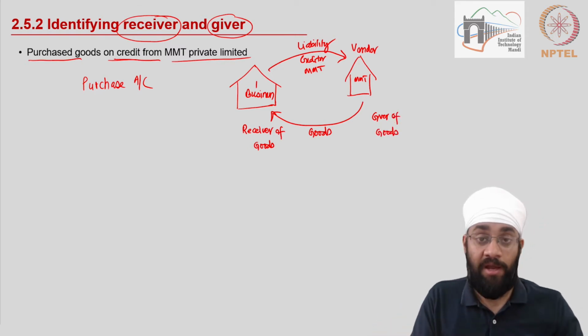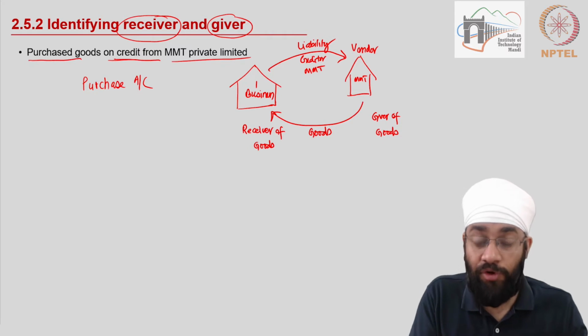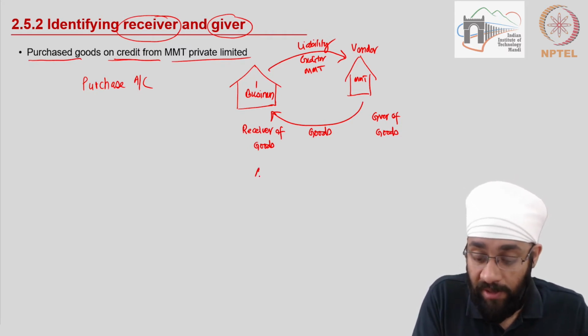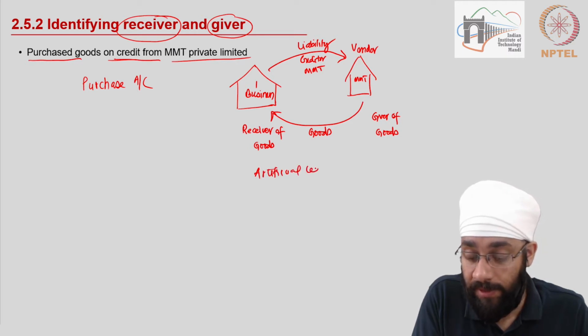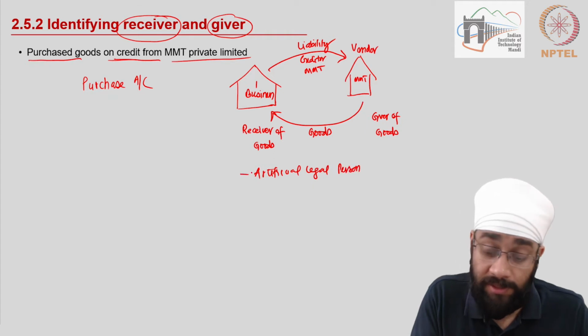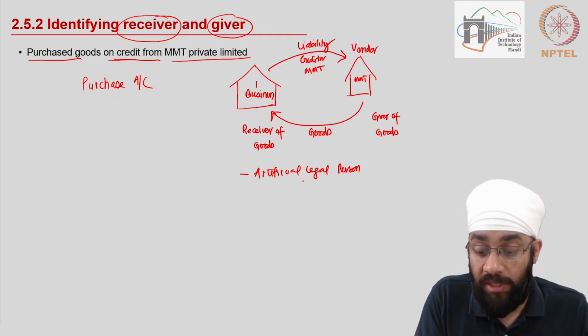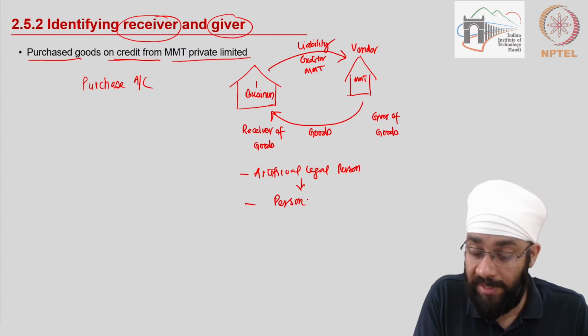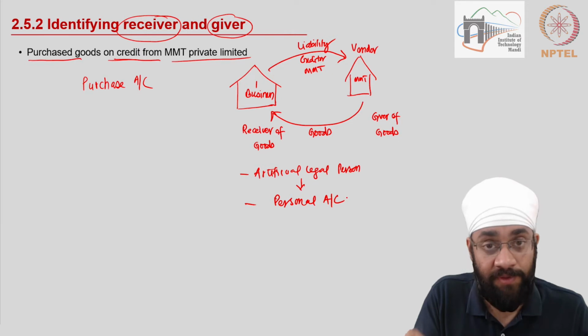Okay. And since we're talking about two companies, and both of these are artificial legal persons, a company, a business, all the artificial legal persons fall into personal account, right?